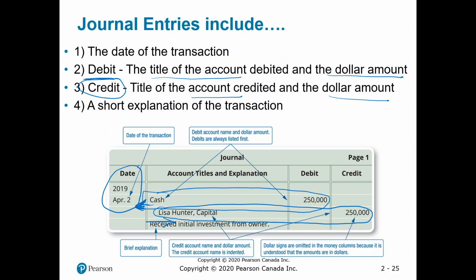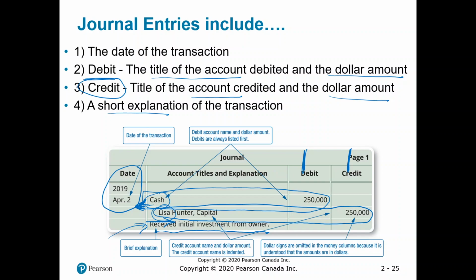And it's just differentiating that. Debits on the left, credits on the right, and you do that with your account names as well. And then the fourth thing that you'll see is just a short explanation of the transaction. So here I've drawn on it a bit, but it says we received the initial investment from the owner.